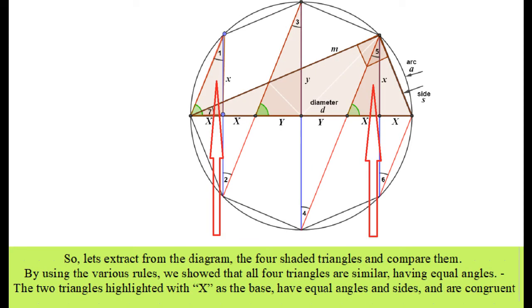So let's extract from the diagram the 4 shaded triangles and compare them. By using various rules, we show that all 4 triangles are similar, having equal angles. The 2 triangles highlighted with big X as the base have equal angles and sides, and are congruent.